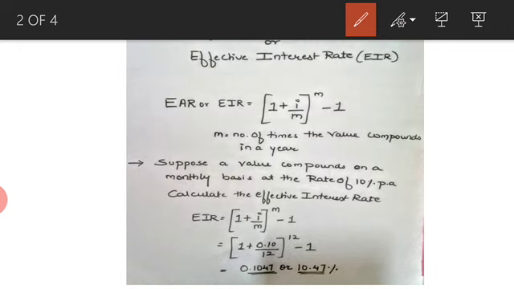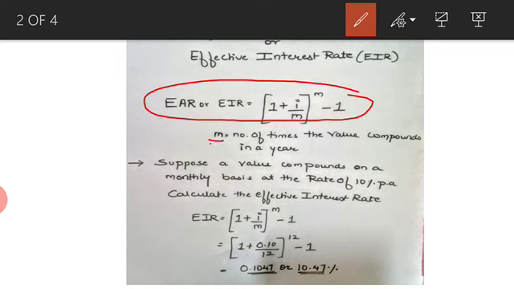Please remember this, it is raised to m, not raised to n. So I'll just repeat, effective interest rate is equal to (1 plus i divided by m) the whole raised to m, minus 1. This is very important. Instead of taking present value, we are considering minus 1. I hope you are clear with the formula. This formula is applicable to calculate the effective interest rate, where m is the number of times the value compounds in a year.